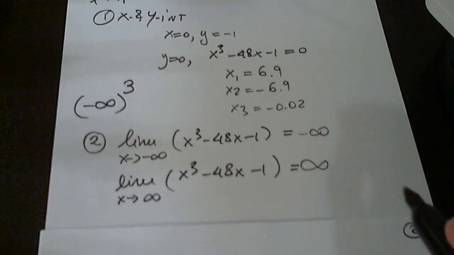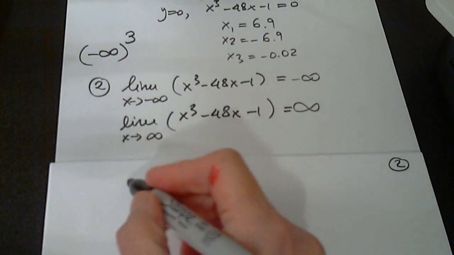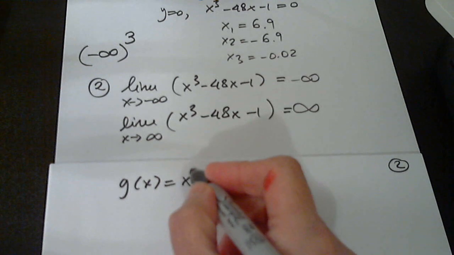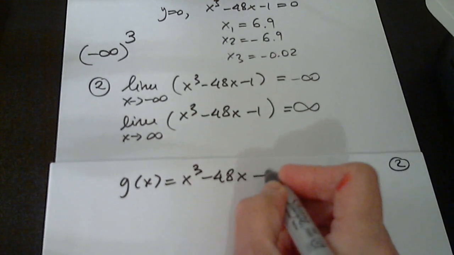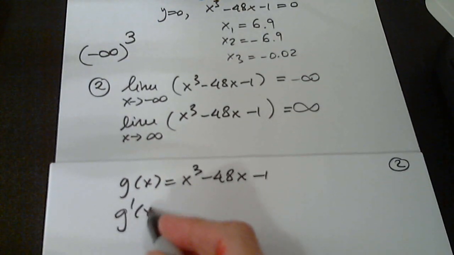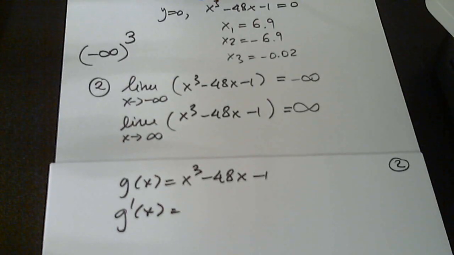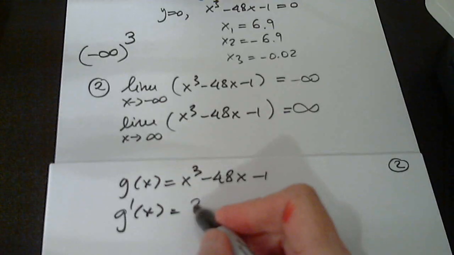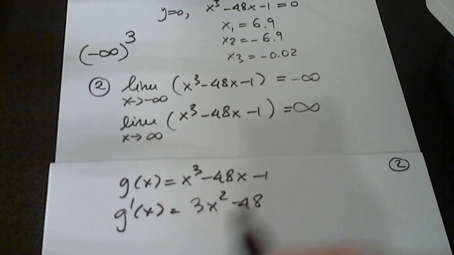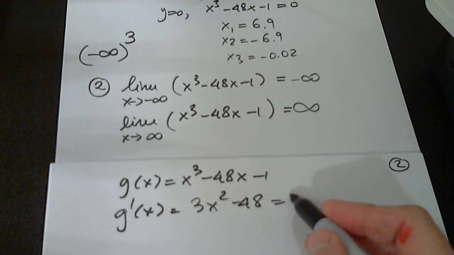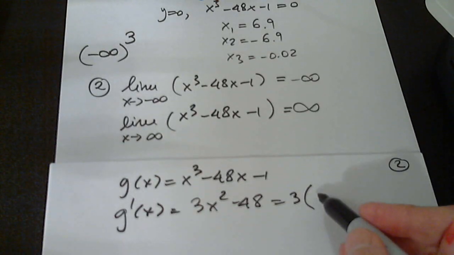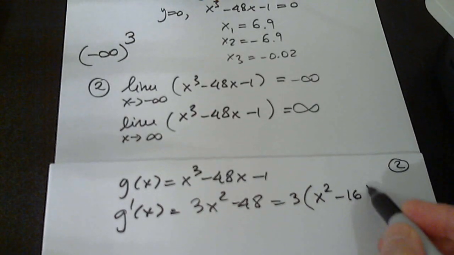That's my page 2. So I'm going to copy the function here, g of x equals x to the third minus 48x minus 1. So I have to find g prime of x. Anyone would like to give us g prime of x? 3x squared minus 48. Very good. Of course, I will factor out a 3 to see what's going on here. And I see x squared minus 16.